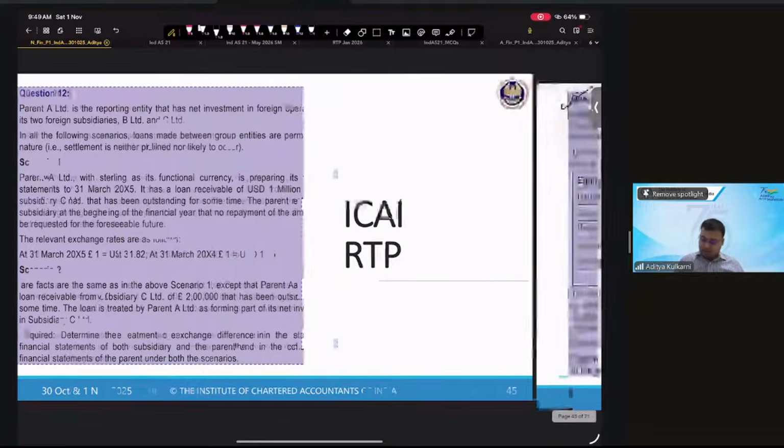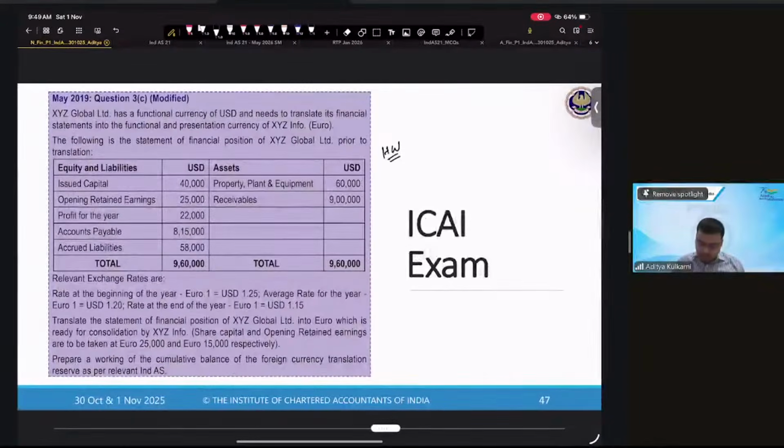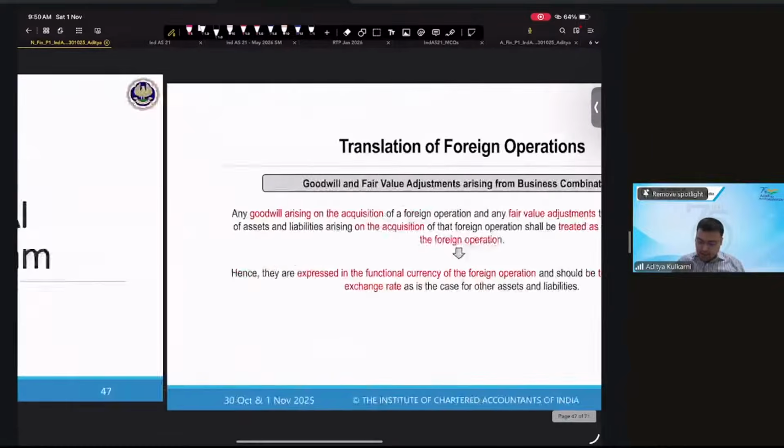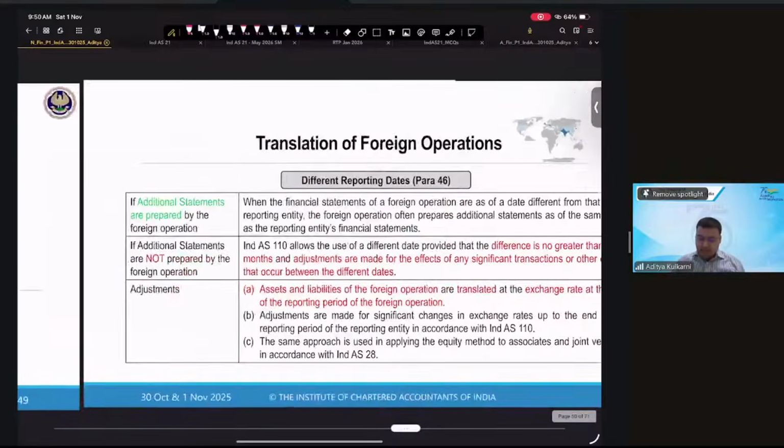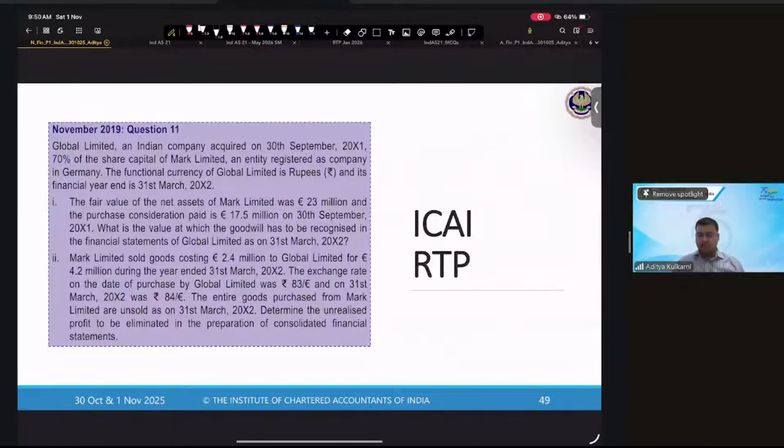And then this week you can try it out for homework. Okay. Next. I would want to discuss this question, but you are still on consolidation. So I will not touch this because this is related to goodwill and all those things. So once you get that, you can do this.